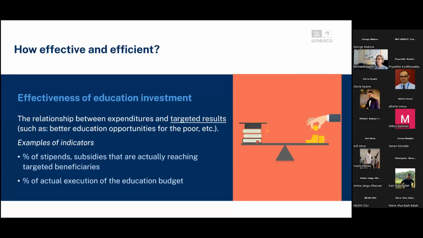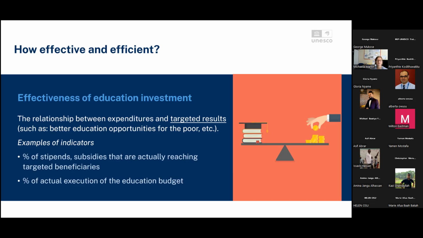Okay, now I'm coming close to the end of my presentation. This is about the effectiveness of our resource allocation. So what is effectiveness of education investment? It is the relationship between expenditure and targeted results.